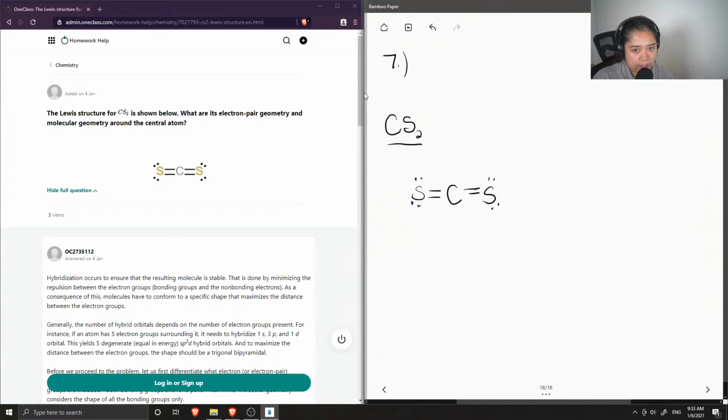And the central atom is carbon. So I'll take note of how many lone pairs it has and how many bonding pairs it has. So carbon has 0 lone pairs. And by bonding pairs, it means the 2 sulfur atoms. So 2 bonding pairs.